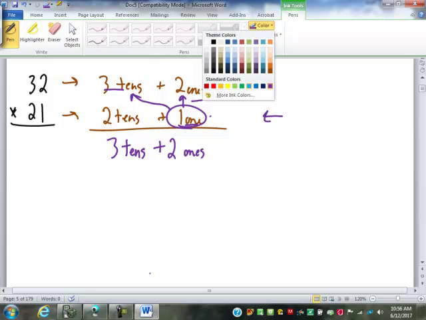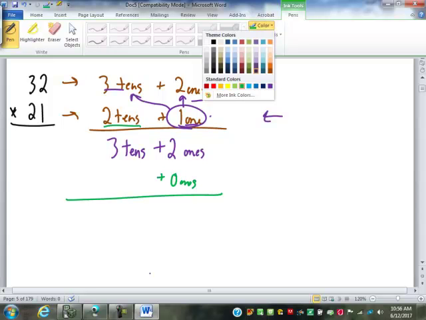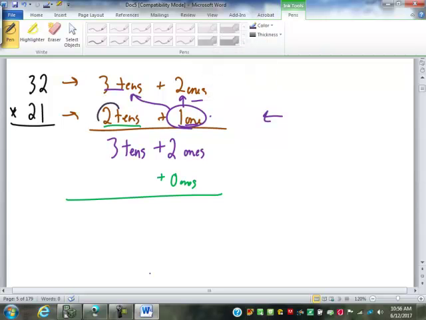Now when we multiply, you were taught, when you move over to this next digit, what do you have to do down here? Okay. Either put in a 0 or move over a space. The reason for that 0 is going to become apparent here in just a second. So now we do move over to the 2 tens. What's 2 tens times 2 ones? Well, 2 times 2 is 4.